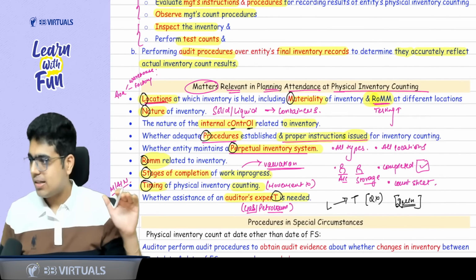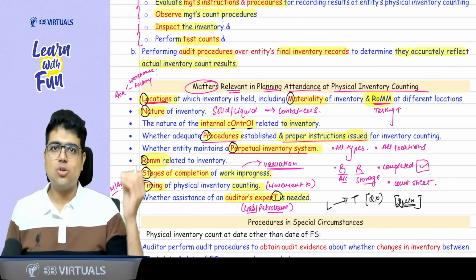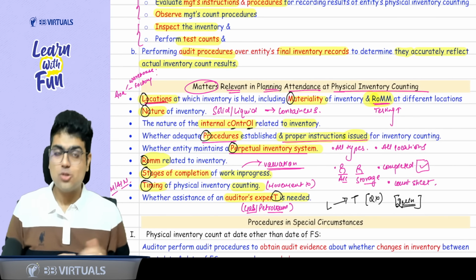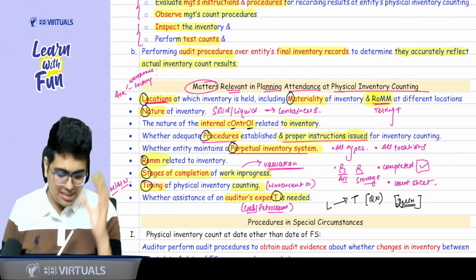These are the matters which you studied in your CA Inter. ICAI asks questions on these matters in the final study material in MCQ form, so it is important to learn all of them properly. And it is very easy to learn them.